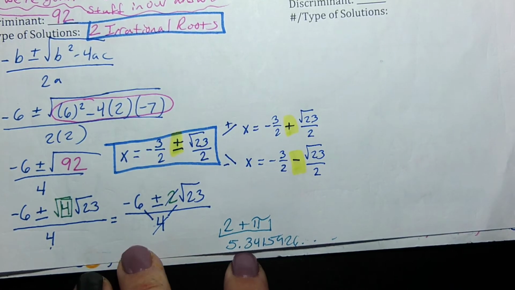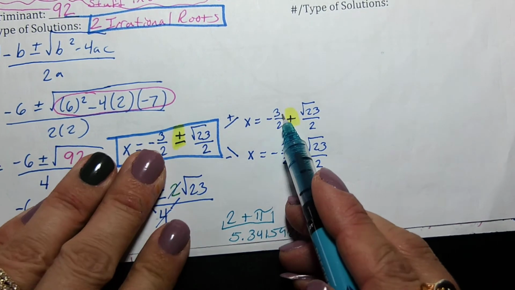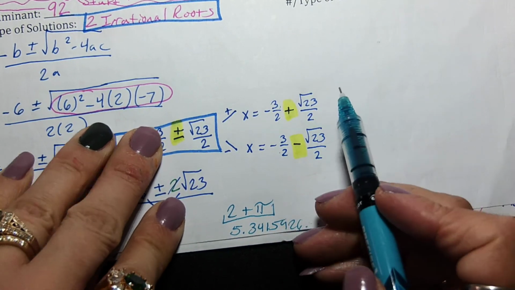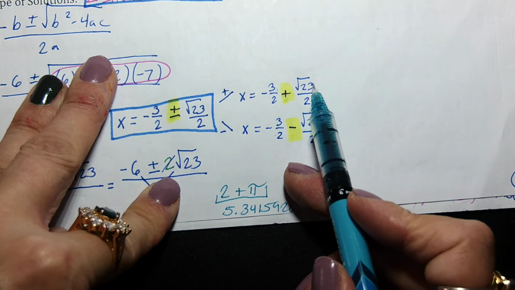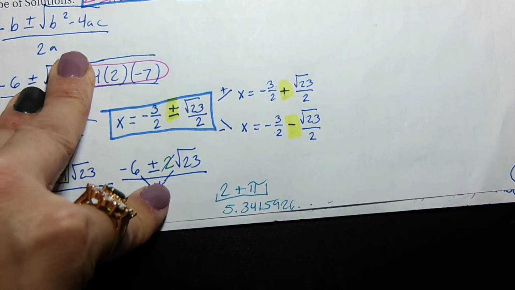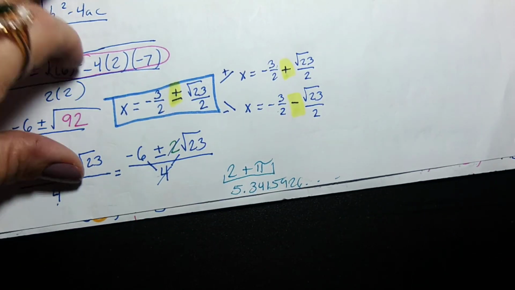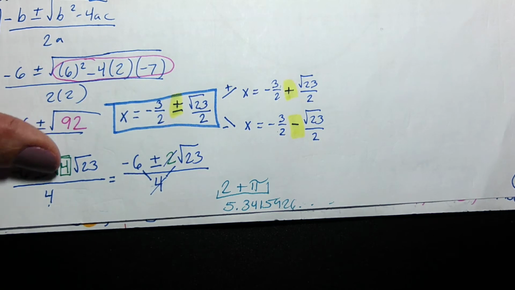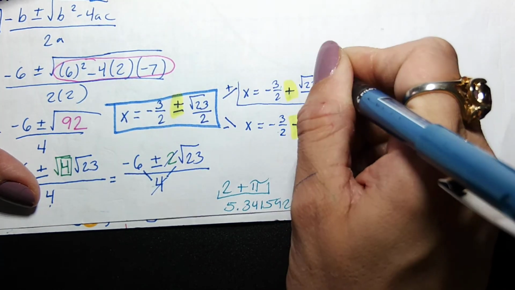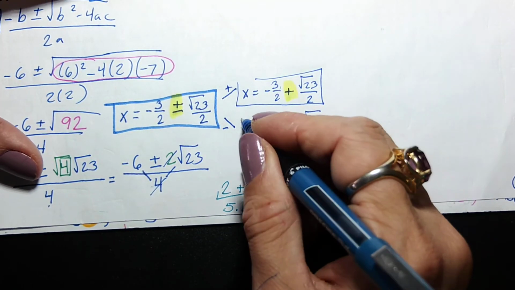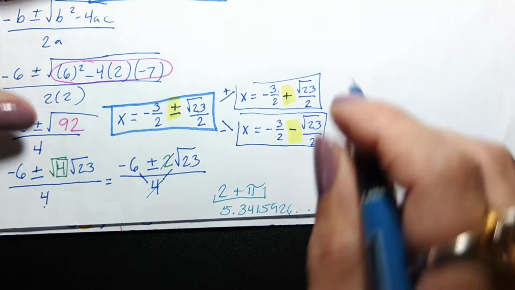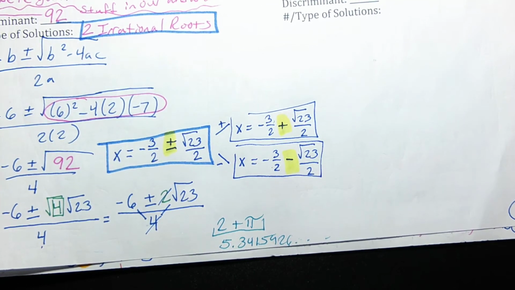Isn't that an irrational number too? Yeah. So it doesn't matter that the negative 3 halves is rational. As soon as I add it to something nasty, like that square root stuff, I get 2 irrational numbers. So this is one root with the plus in between. This is another root with the minus in between.